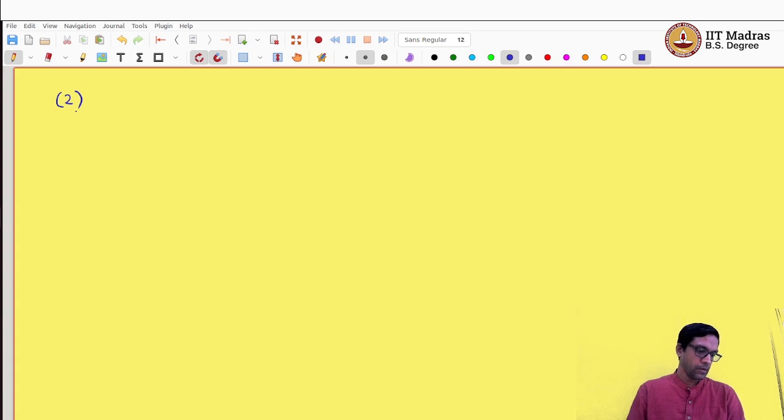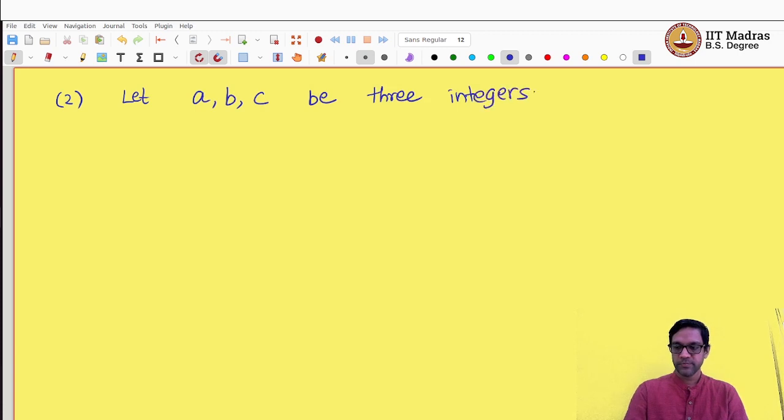Now, let us look at something that's slightly more non-trivial. So I look at three integers. Let A, B, C be three integers. Remember, integers means positive, negative, or zero. I even allow them to be equal. Some of them, maybe I can take the same integer twice or thrice, even. Some are possibly equal also.